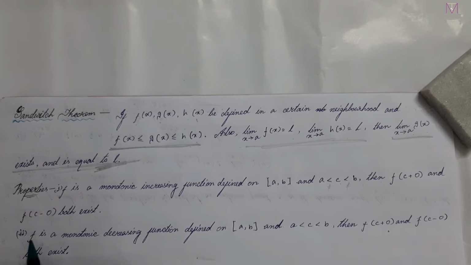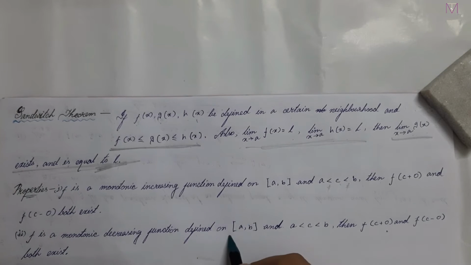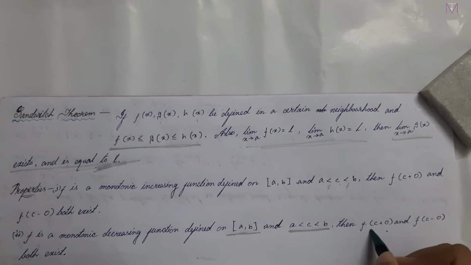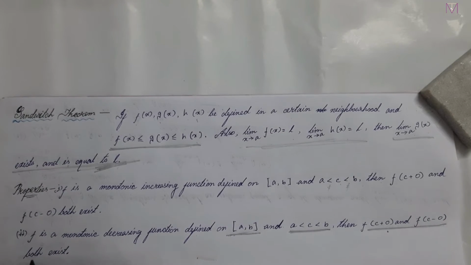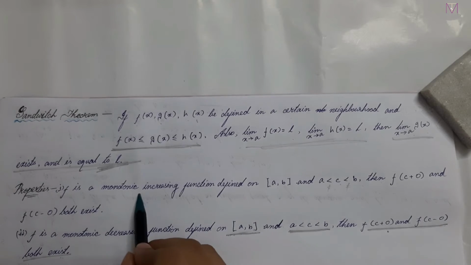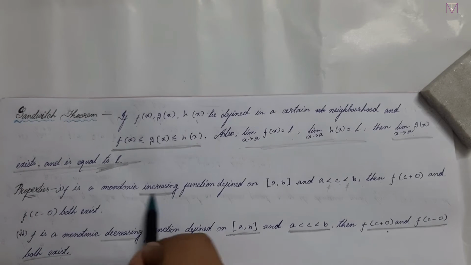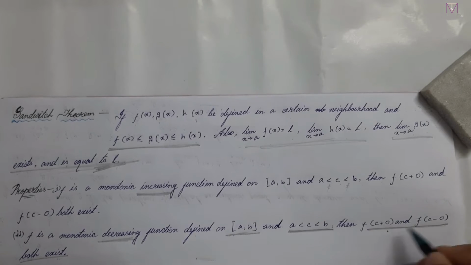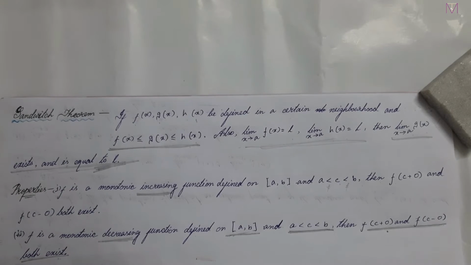The second property: if f is a monotonic decreasing function defined on [a, b], and a less than c less than b, then f(c+0) and f(c-0) both exist. If f is an increasing or decreasing function on the interval, and a less than c less than b, then both of these limits exist. You can say this: if f is a monotonic function, then it can be shown.